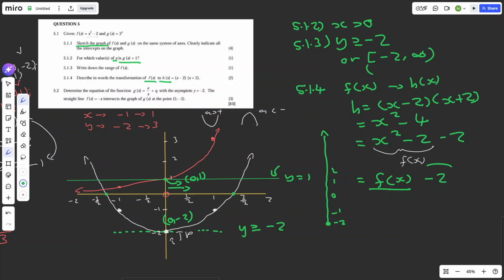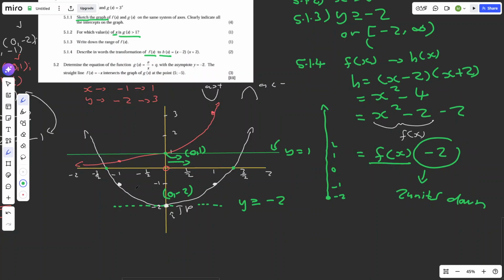This here is an indication of that. So 2 units down. And that is basically it for question 5.1.4. So now let us go to the next one.